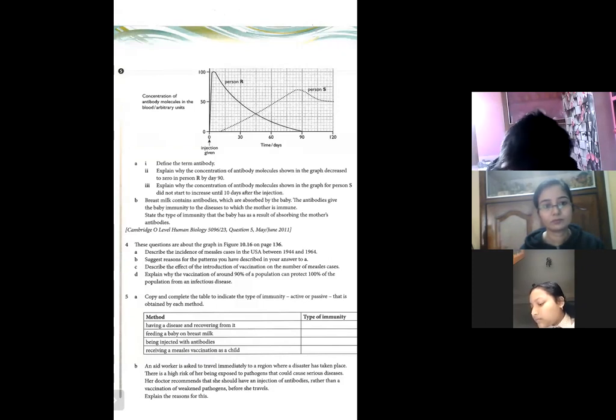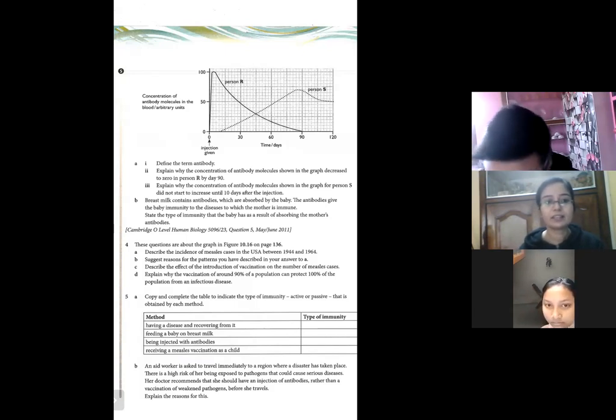I'm again telling the sentence. Breast milk contains antibodies which are absorbed by the baby. The antibodies give the baby immunity to the diseases to which the mother is immune.